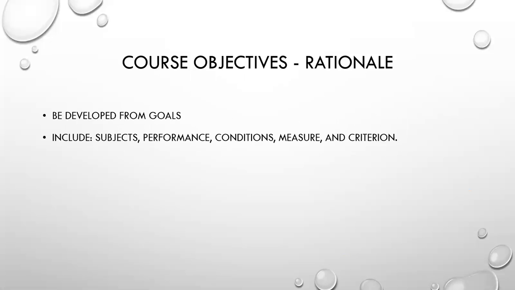The conditions mean some cases in which these performances can be seen, and the measure is some method to measure how well the performance will be. And the criterion will show how well the subject will be able to perform the activities.